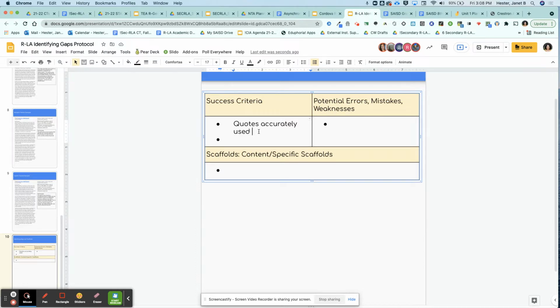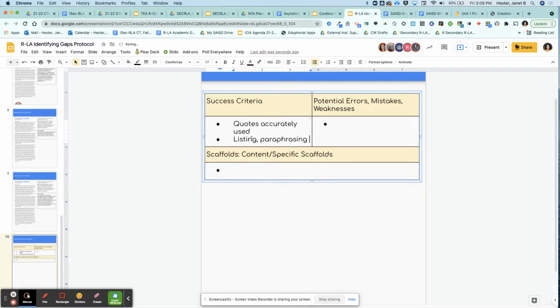I think it's something that we would build to, but we would want to highlight how they used it and how they used it correctly, alongside celebrating not using a full sentence of text, but using pieces. Sometimes your kiddos just pull a sentence from the text and use it as their text evidence, which is still accurate. It's still answering the question and using text evidence, but this is 8th grade.